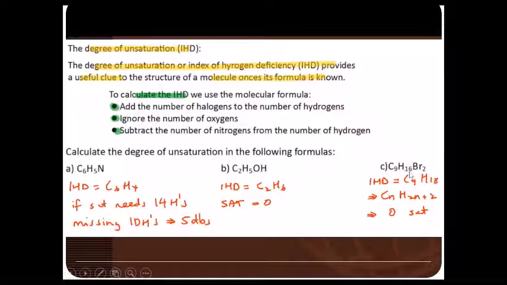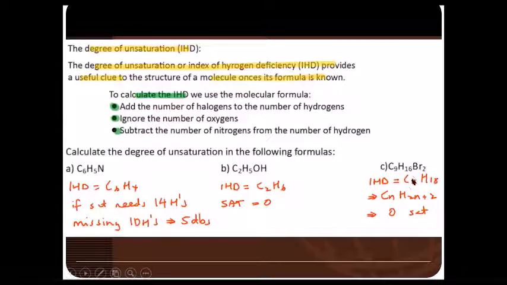For C9H16Br2, we pretend to add the two Br to the hydrogens, so it would be C9H18 with the two Br gone.